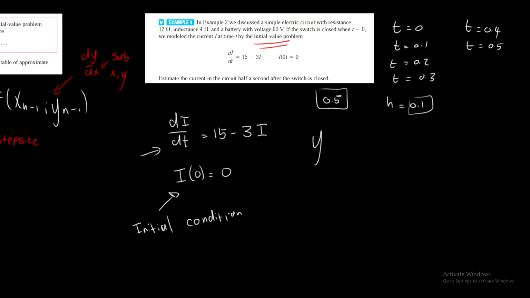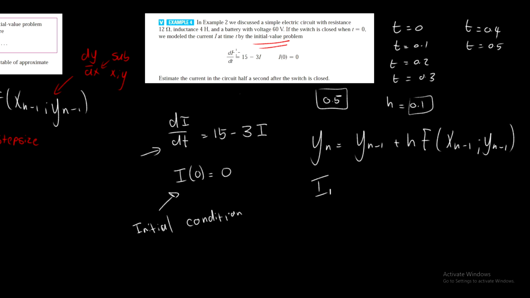What is our formula? Our formula is y_n = y_(n-1) + h f, and our differential. Okay, so what are we trying to find? Well, we're trying to find current because remember, in this particular case, it's not x and y anymore.